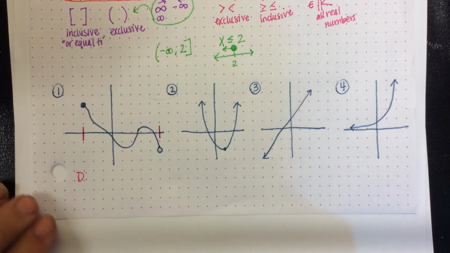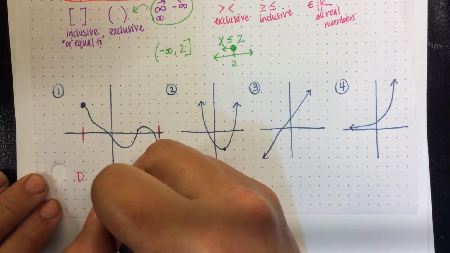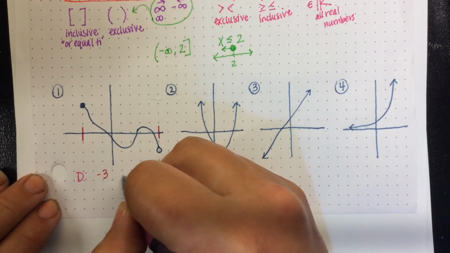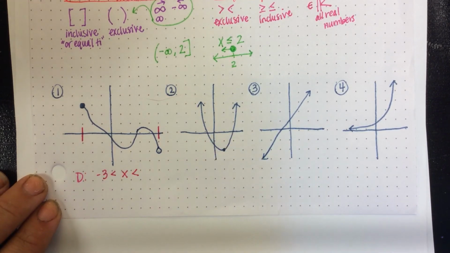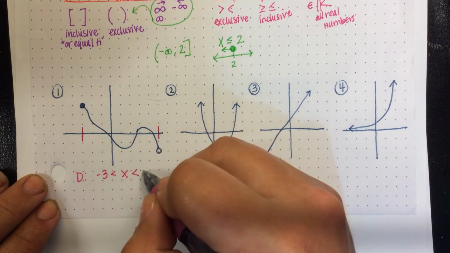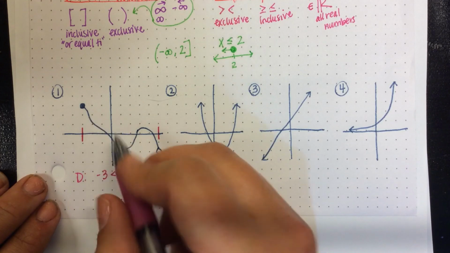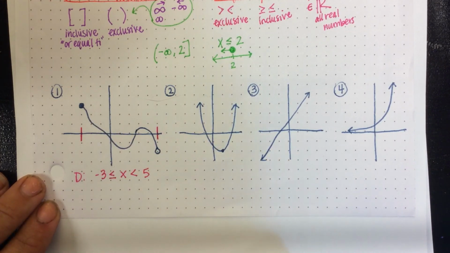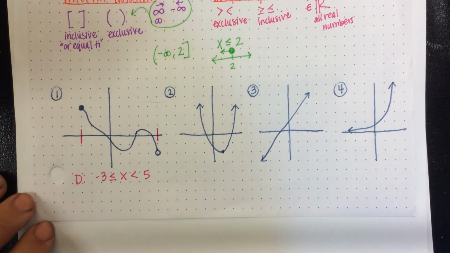So if I was going to write this as an inequality, I'm going to say my smallest value, which is -3, and you always use less thans, so you put x in the middle with less thans, and then my farthest right value is a 5. Then I have a closed circle, so that's got to be or equal to, and then I have an open circle, which is just less than, so I don't have to worry about that.